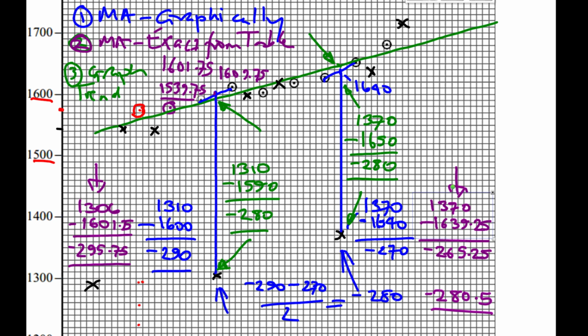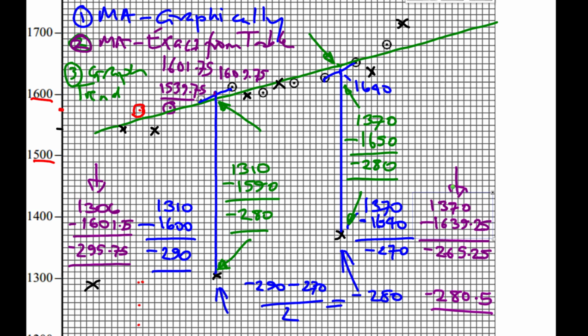Taking one away from the other, I get minus 280. On the right hand side, looking at the right blue line up to the green intercept point, we've got 1370 for the lower point, and we're going to take away the 1650 for the upper point. And again, we're going to get minus 280.